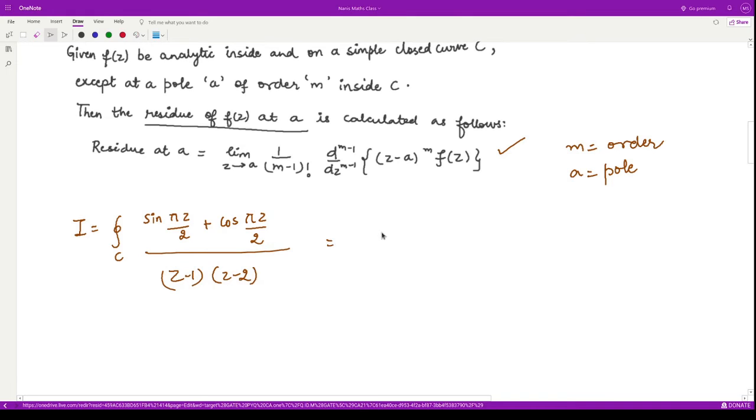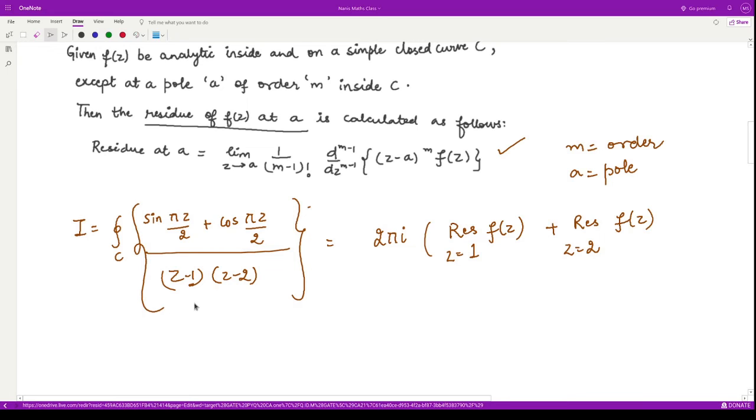So that would simply be equal to 2 pi i multiplied by the residue of the function f(z) calculated at the point z equal to 1, because 1 is a simple pole, and then the residue of the function f(z) calculated at the point 2. And what is f(z)? f(z) is this whole function. So this whole term is our f(z).